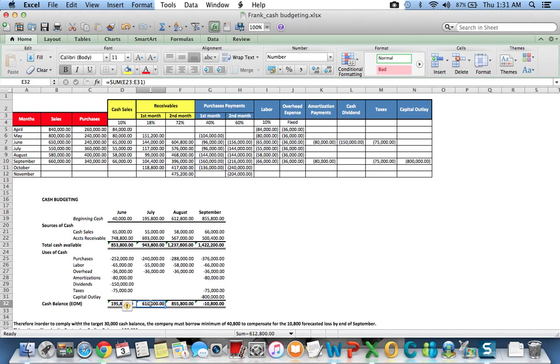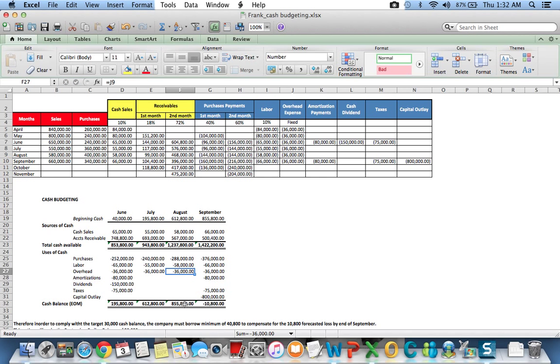The cash ending balance for month of July shall be forwarded as the beginning cash balance for the month of August, with 612,800 as the beginning cash, with a cash sales of 58,000, accounts receivable with a total of 567,000, total cash available is 1,237,800, with identified purchases a total of 288,000, labor expense with 58,000, and a fixed amount overhead expense of 36,000.